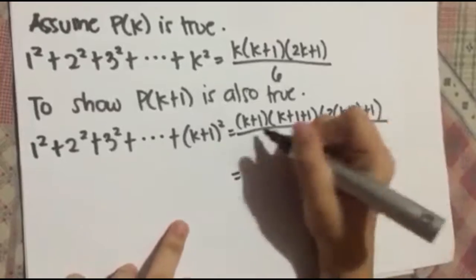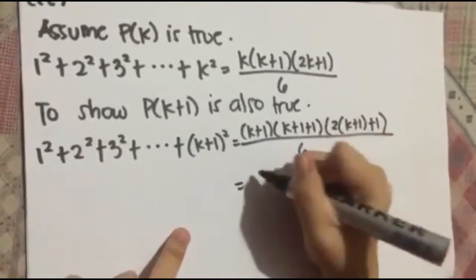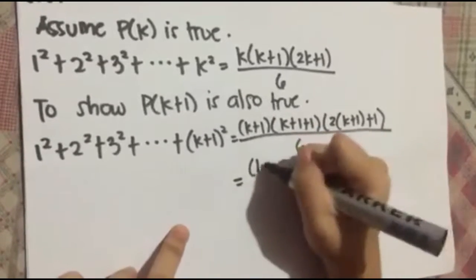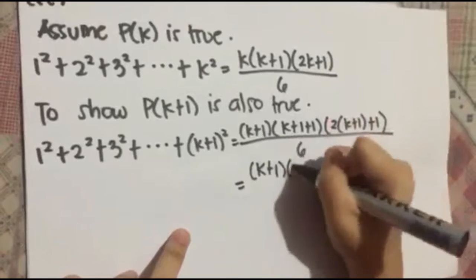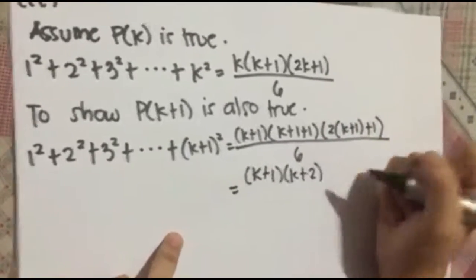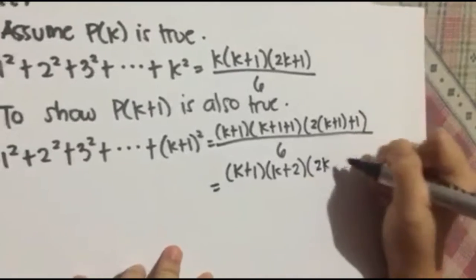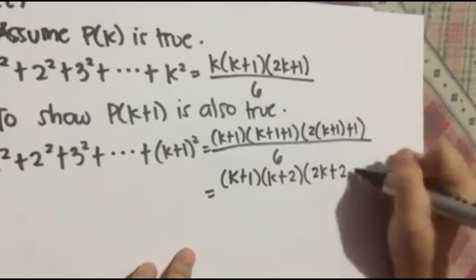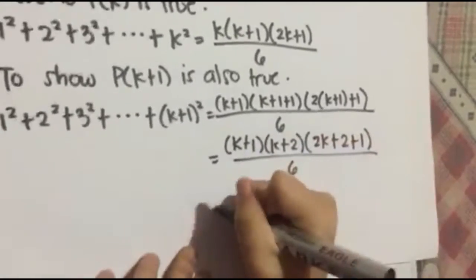Now we combine or multiply. This becomes k plus 1 times k plus 2 times 2k plus 2 plus 1 over 6.